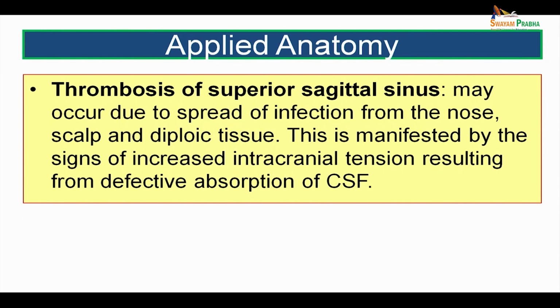As we have seen, the superior sagittal sinus receives the cerebrospinal fluid through the arachnoid villi or arachnoid granulations. If the superior sagittal sinus is thrombosed, it will be unable to receive the cerebrospinal fluid, thus giving rise to increased intracranial tension.